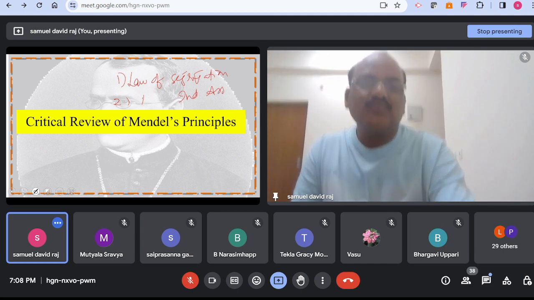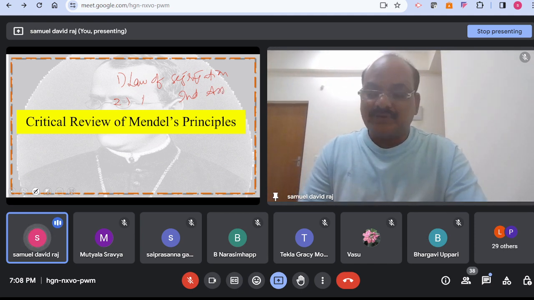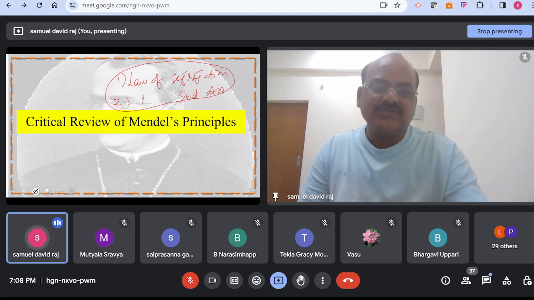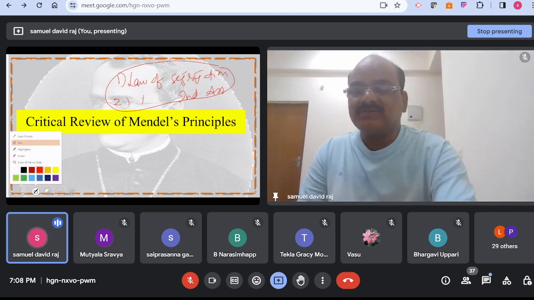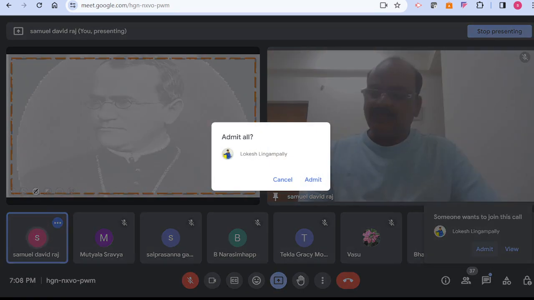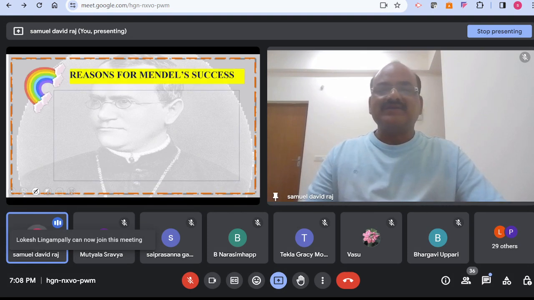Now we are going to have a critical review of all the four principles proposed by Mendel. In addition, as these two laws are part of those principles, they are also included. Thus we are having a critical review of Mendel's laws, in other words, Mendel's principles. Before going to that, let me explain the reasons for Mendel's success first.